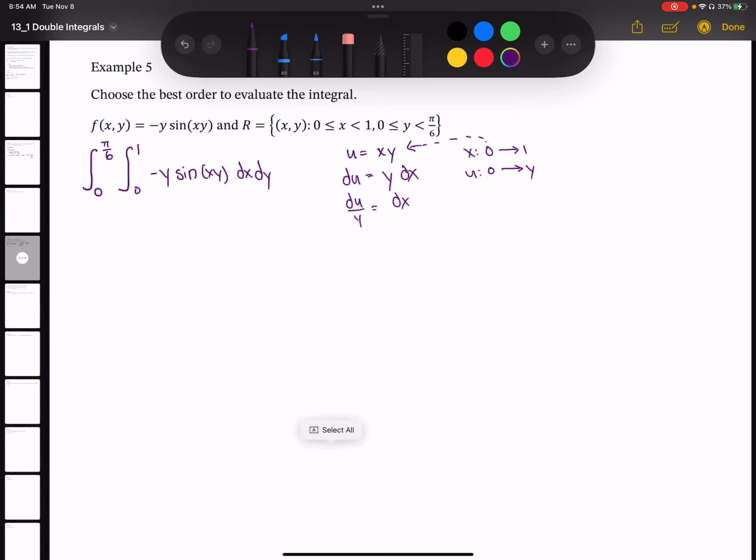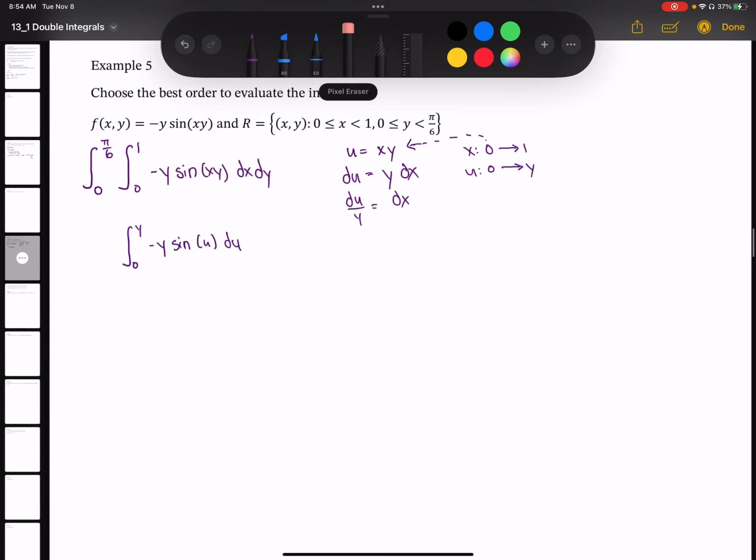So now our inner integral is from 0 to y, and we have negative y sine xy is replaced by u, and dx is replaced by du over y. So now notice the negative y and the y cancel, and what we have to integrate is just from 0 to y of negative sine u du.